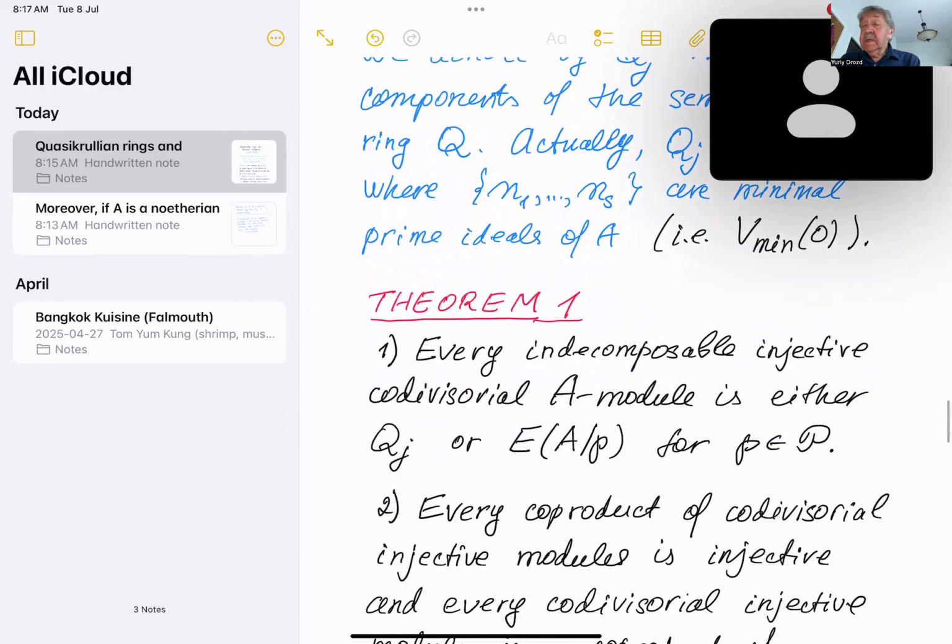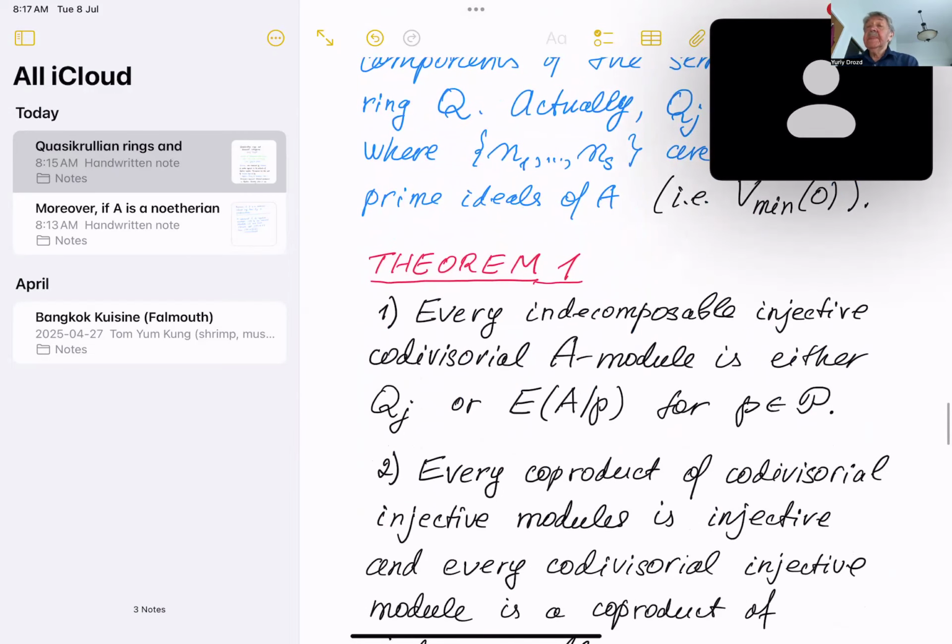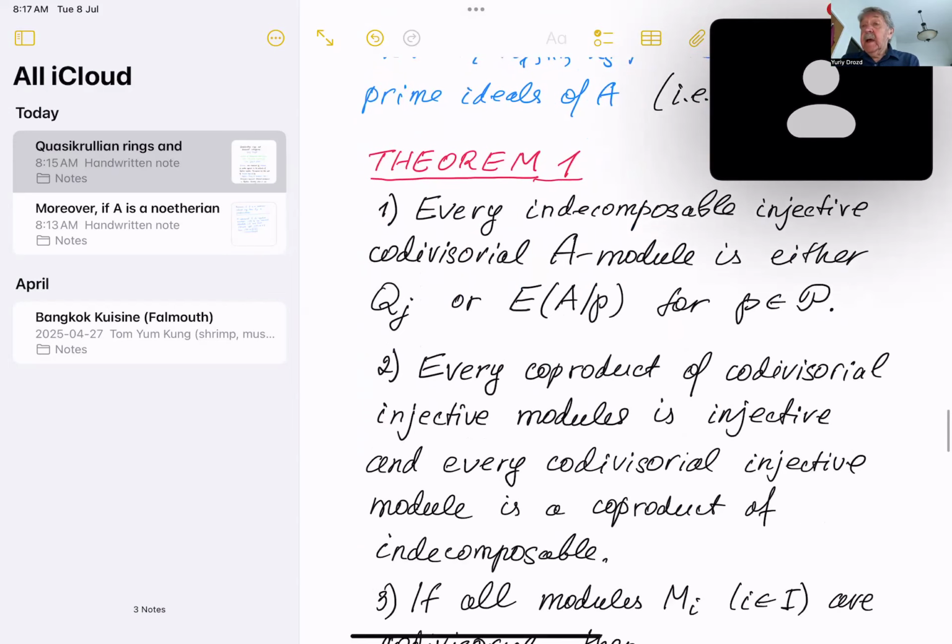Theorem. I prove the following. First of all, every indecomposable injective codivisorial A module is isomorphic either to this component of Q or to the injective envelope of A modulo a prime ideal of height 1. Second, every coproduct of codivisorial injective models is injective, and every codivisorial injective model is a coproduct of indecomposable ones.